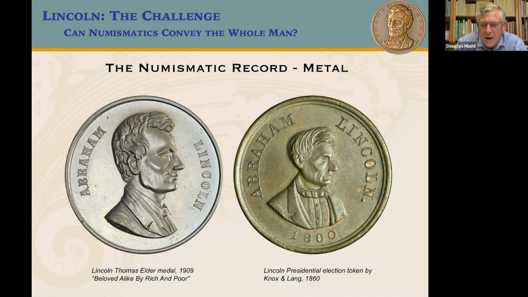It actually looks more like a clown. The nose is very big. His ear is relatively larger, perhaps, than it should be, and the image itself has a sort of rough, untrustworthy look. So I'm not sure that this did Lincoln much good for his campaign.